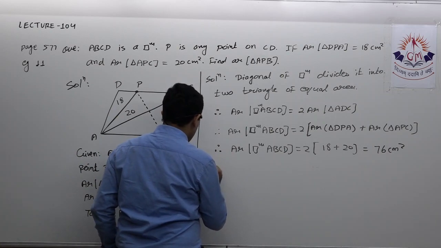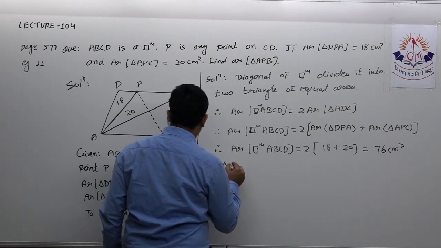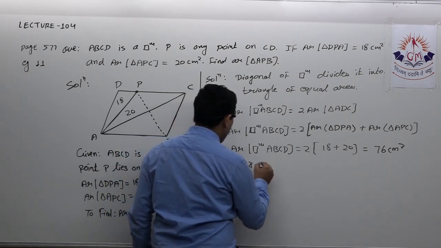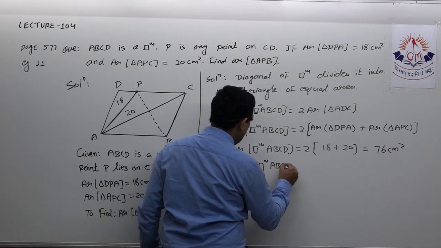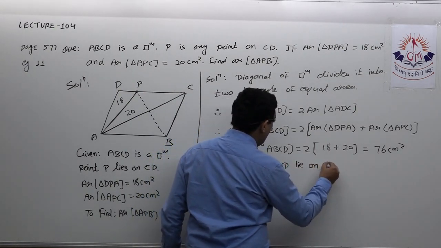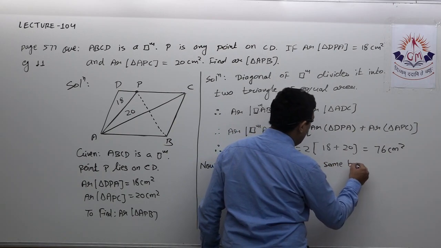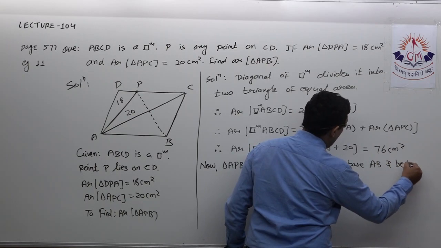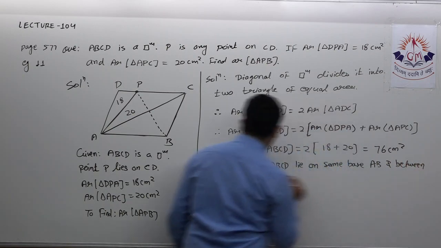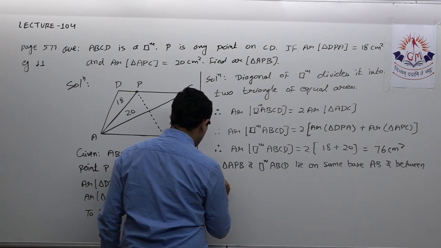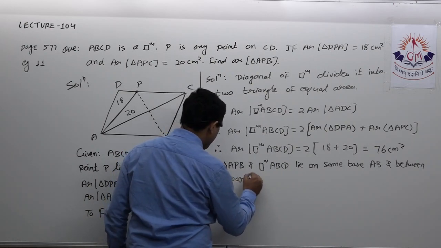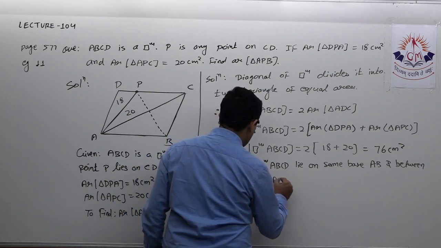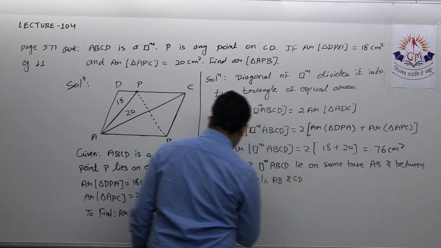Now triangle APB and parallelogram ABCD lie on same base AB and between same parallels AB and CD.